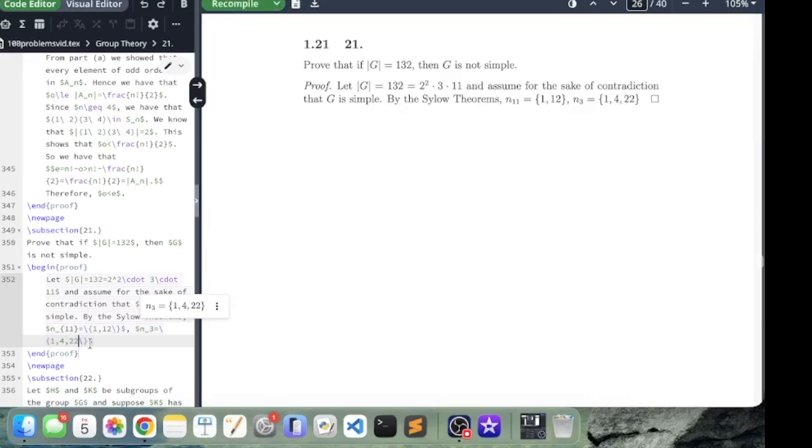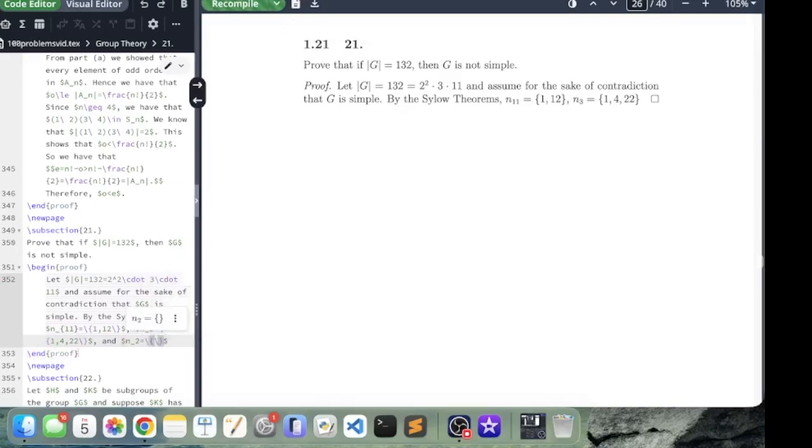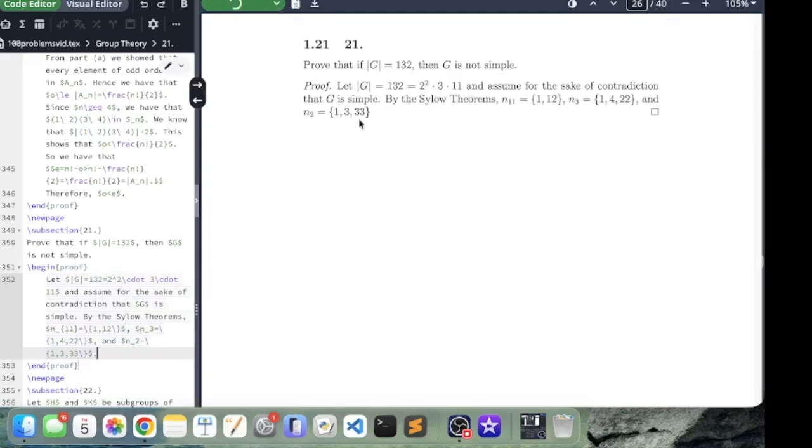So it's just these 3 numbers, and the number of Sylow 2 subgroups has to be congruent to 1 mod 2, and it has to divide 33. 1 is possible, 3 is possible, and 33 is possible. By the Sylow theorems, we have these.